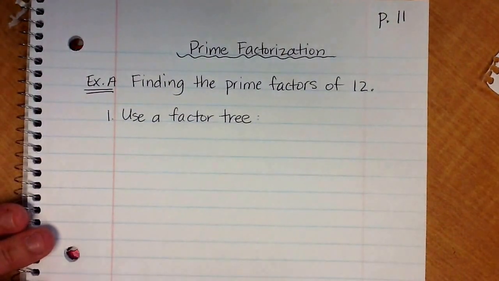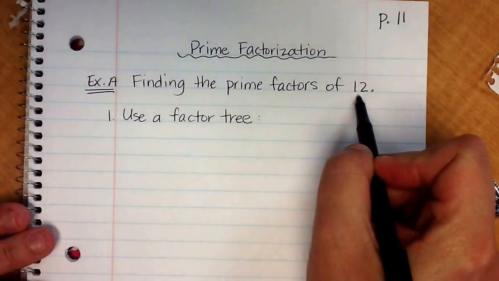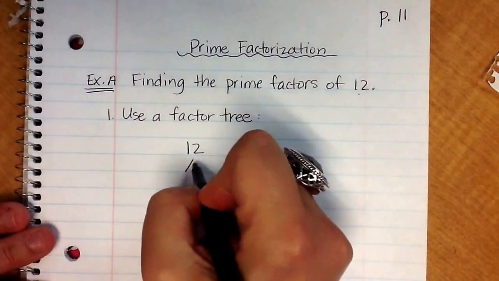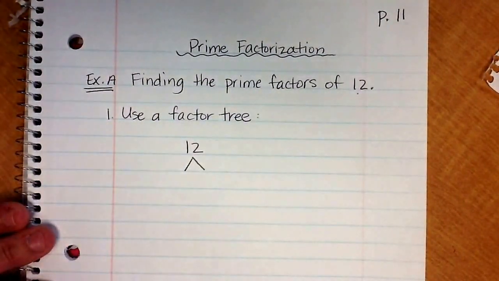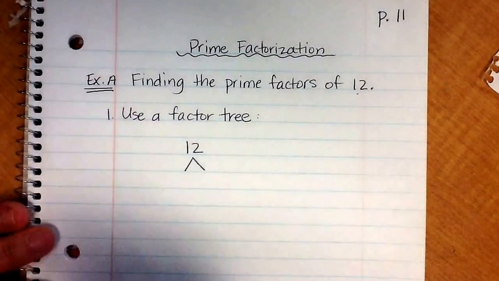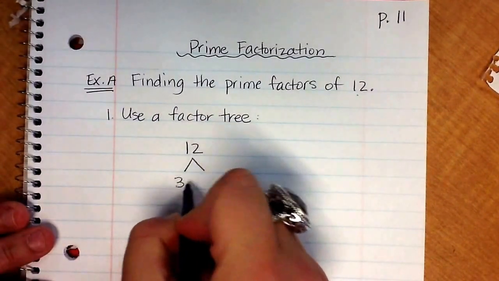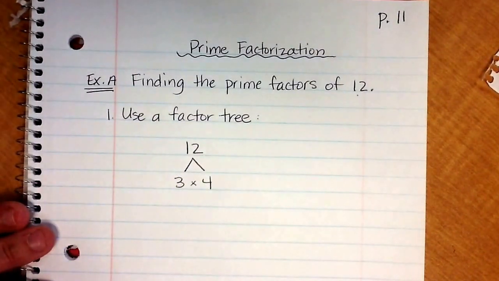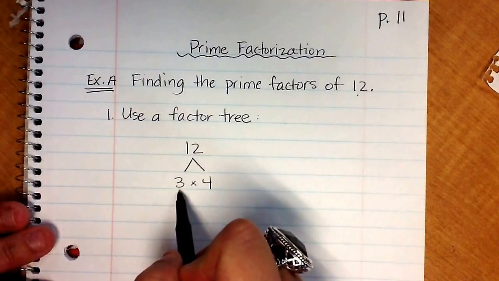So when you use a factor tree and you're going to try and find the prime factors of 12, I'm going to start by writing 12. And the tree, it's like the tree branches that are coming out from the 12. And I want to say, what are two factors of 12? So, for example, 3 times 4 would be 12. 3 is prime.